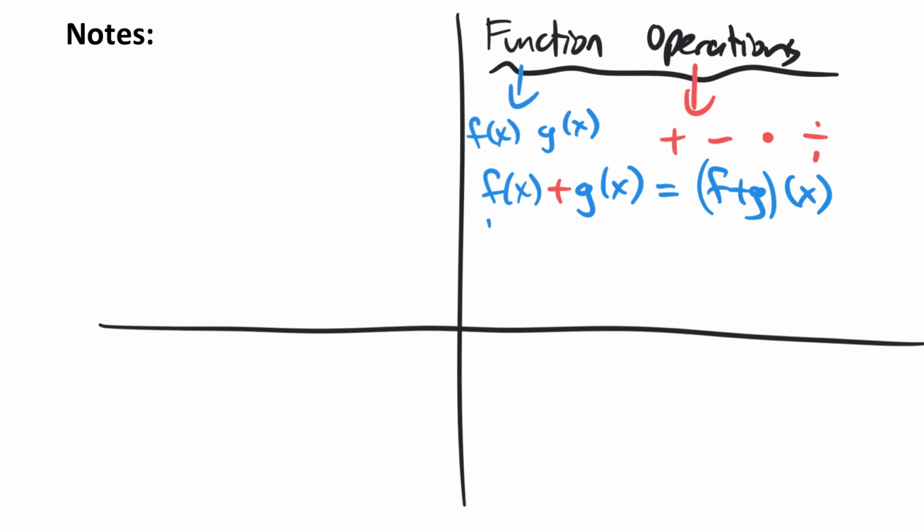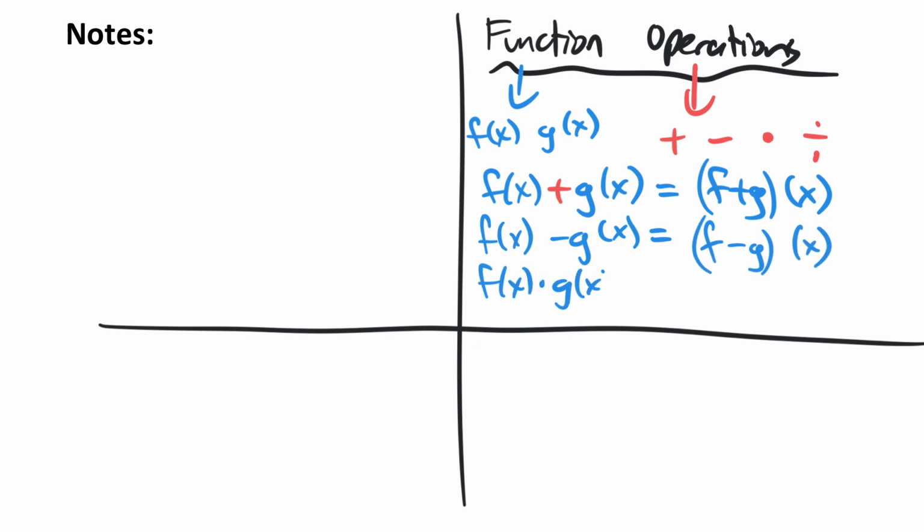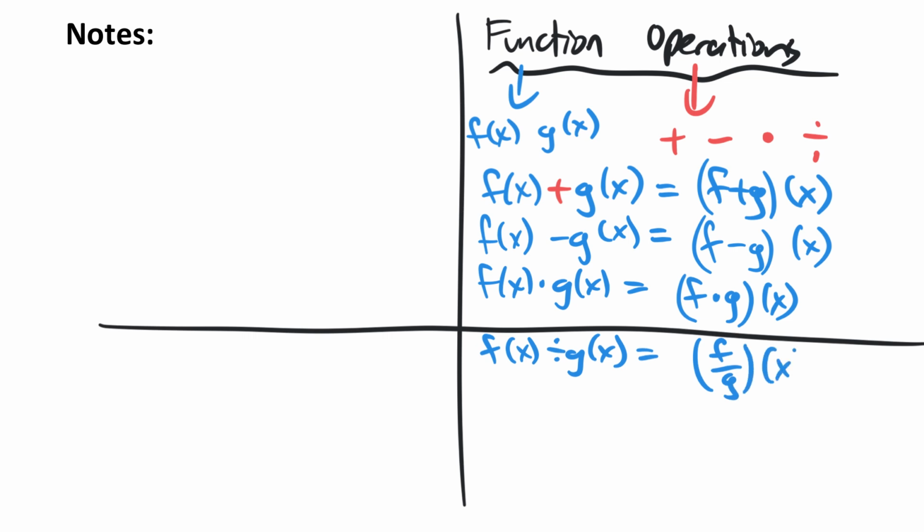So just so we have them all written down here, f of x minus g of x can be written as f minus g of x. F of x times g of x, we could write as f times g of x. And, oh, we just ran out of space here, but f of x divided by g of x, we'll often write as f over g of x.